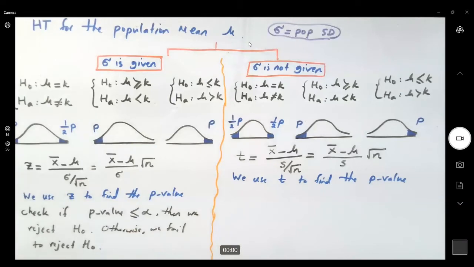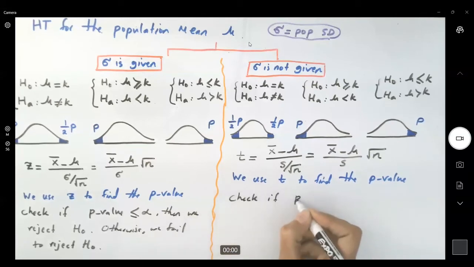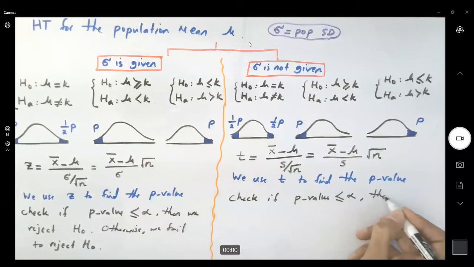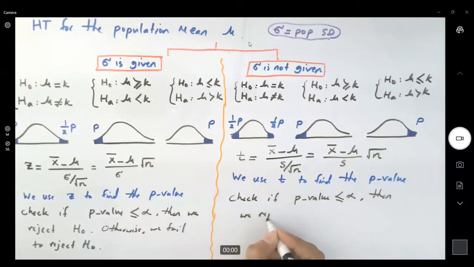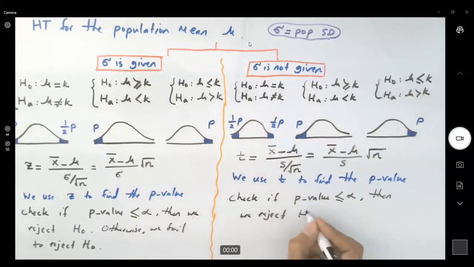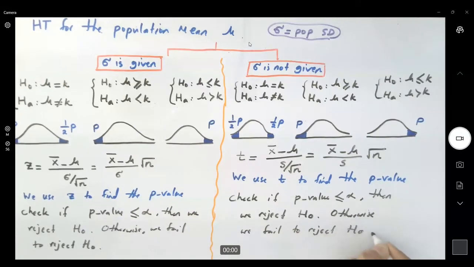Here we check if your p-value, this area, is less than or equal to alpha or not. If it is, then we reject the null hypothesis. Otherwise, we fail to reject the null hypothesis.